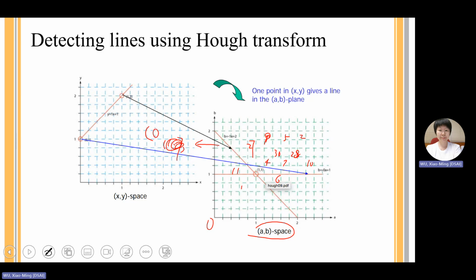For this cell, the A value may be close to 0 and the B value could be 1.8, for example. Okay?